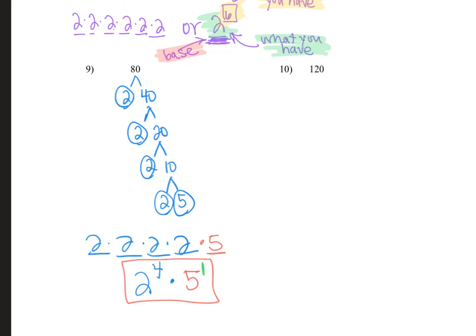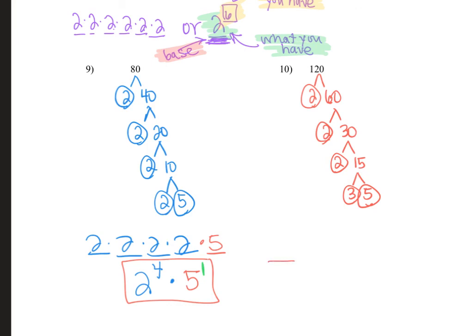All right, let's do the 120. I have 2 times 60, circle the 2. 2 times 30, circle the 2. 2 times 15, circle the 2. 3 times 5, circle the 3 and the 5. Remember, you're circling the number if it's prime. Prime numbers: 2, 3, 5, 7, 11. Again, the common ones are really going to be 2, 3, 5. Those are the ones that you're going to see a lot.